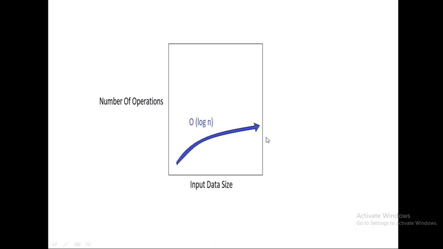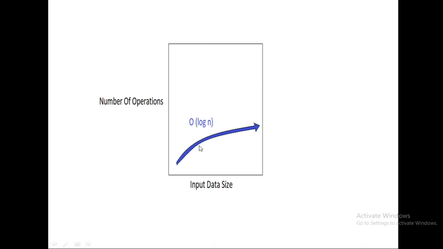Now here I have a small diagram, which follows a graph structure. This is our y-axis and this is our x-axis. This axis is dedicated to input data size, and this axis is dedicated to number of operations.